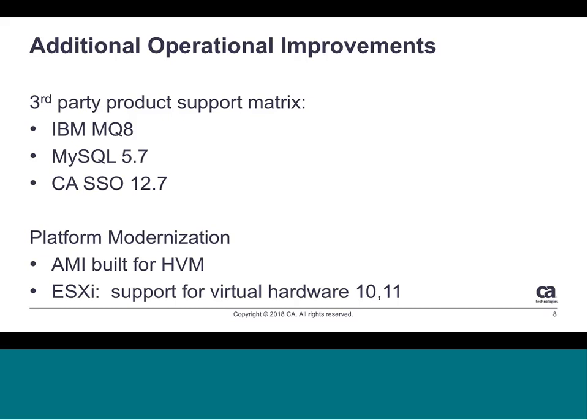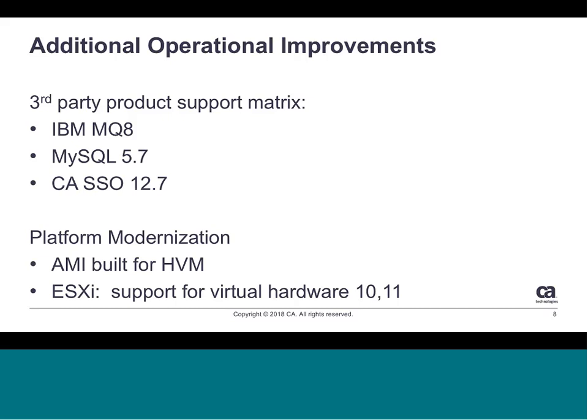We've also upgraded the Gateway's database, the configuration database to MySQL 5.7, which is now, of course, fully supported. We've also increased our support for PA single sign-on, formerly known as SiteMinder, to support 12.7. And of course, platform updates.